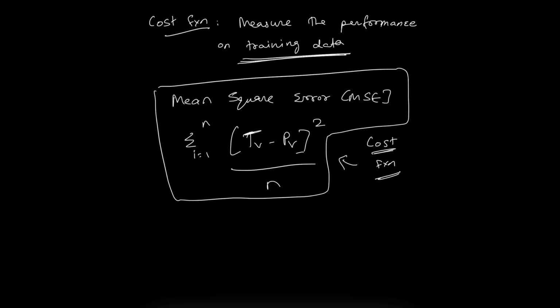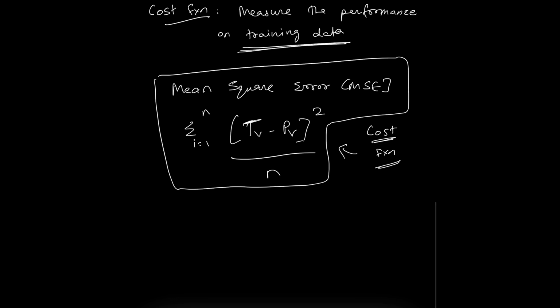And well, there are some nuances to or comparisons between the cost function and the performance metrics on the test data. For example, accuracy is actually a percentage.